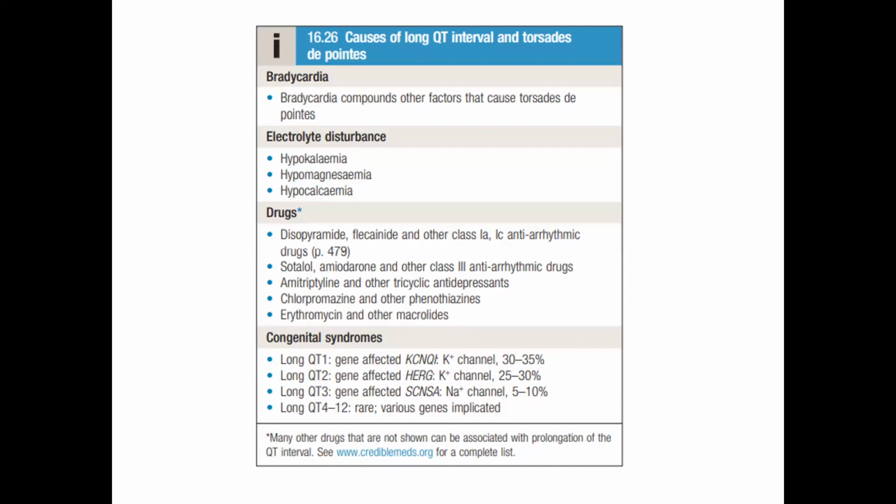So when everything is hypo, calcium, magnesium, potassium, it leads to torsades de pointes. And some drugs and also some congenital syndromes cause torsades de pointes. So you remember bradycardia and electrolyte disturbance. Here, electrolyte disturbance is very, very important: reduced potassium, reduced magnesium, and reduced calcium.